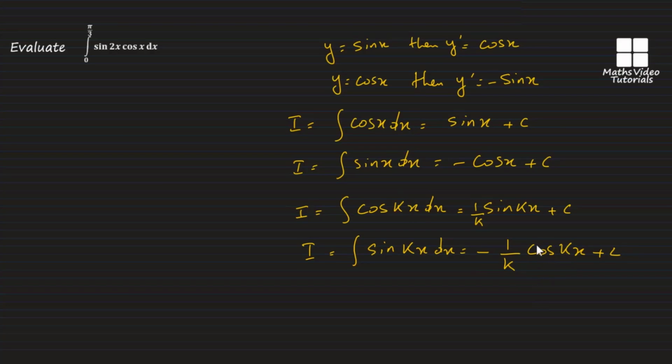Differentiating cos kx will give us negative k sine kx. Again, the problem is I don't have a minus and I don't have a k, so I need to divide by minus k, which is the equivalent of minus 1 over k. Same thing. That's something you need to understand and know how to work with.